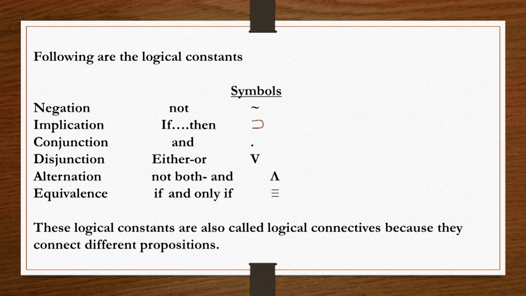Then disjunction. Disjunction means either or, and for it we use the V sign. Then alternation. Alternation means not both and, and here I use a reverse V sign.